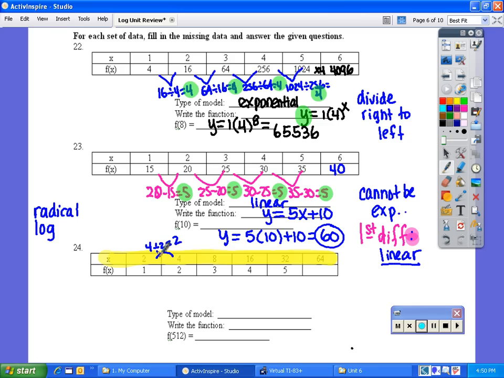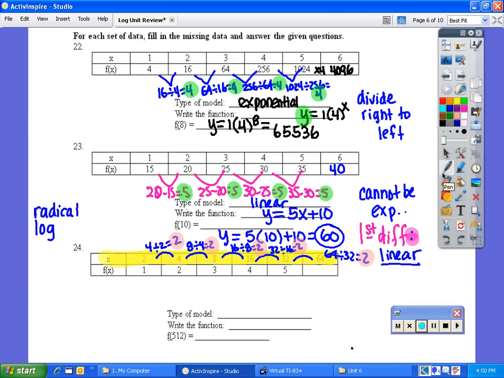So 4 divided by 2 is 2. 8 divided by 4 is 2. 16 divided by 8 is 2. 32 divided by 16 is 2. And 64 divided by 32 is 2. So that means that I got 2 all the same from dividing.